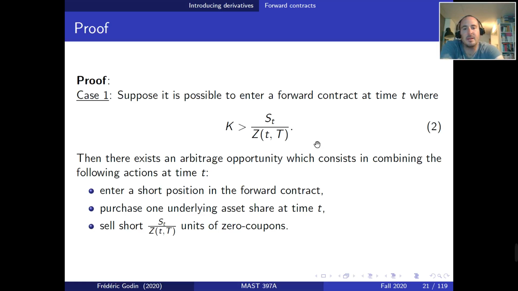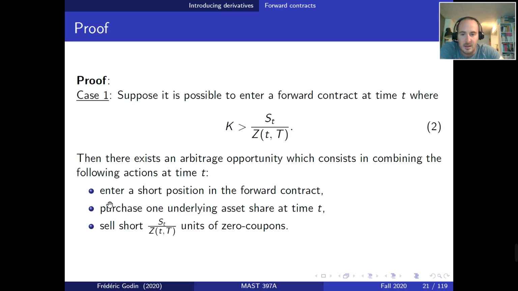Assume that this holds, then we will show the following strategy is an arbitrage opportunity. And what do we mean by the following strategy? It consists in setting up the following portfolio.